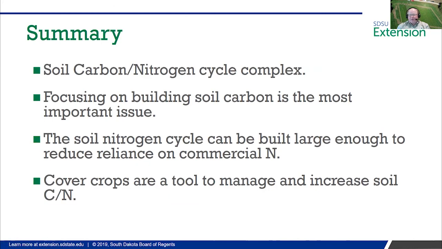The soil carbon and nitrogen cycle is very complex. Focusing on building carbon is the most important issue. The soil nitrogen cycle can be built large enough to reduce reliance on commercial N. Don't run out and do this next year, please. I want to do no harm, but eventually that should be your goal.